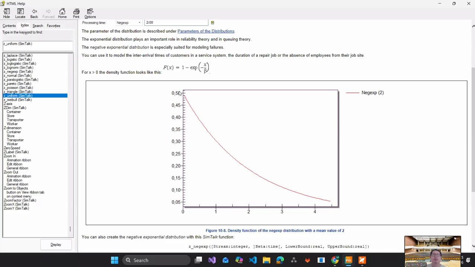This means that it will happen more in the beginning, with a high chance to happen, and then the longer the time, the smaller the chance to happen.